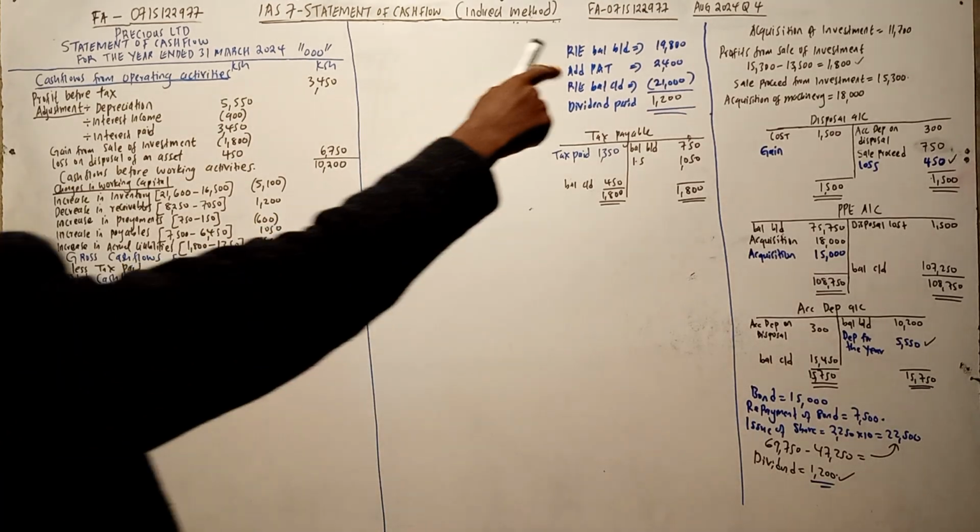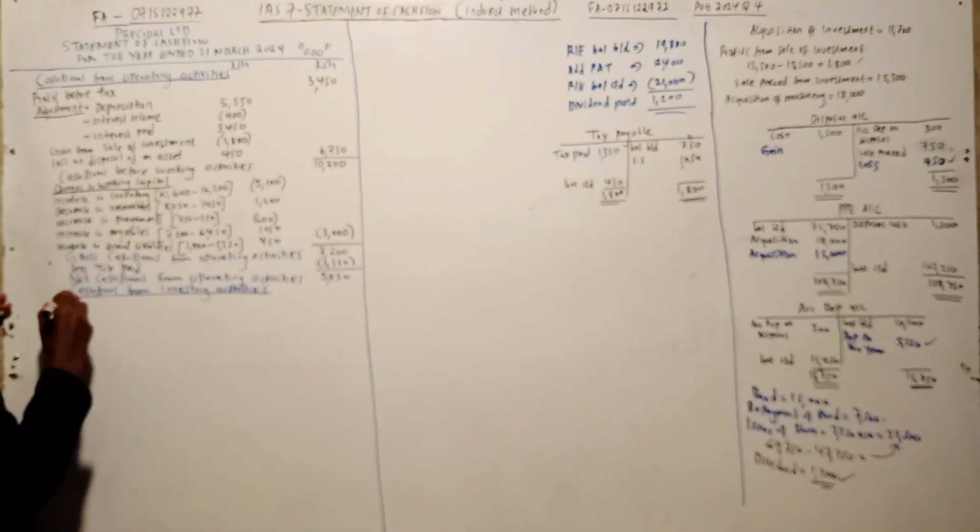Pale juu, acquisition of investment. Tunaanza na hiyo. So we start with that one.